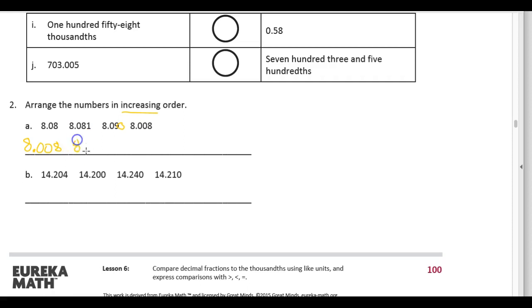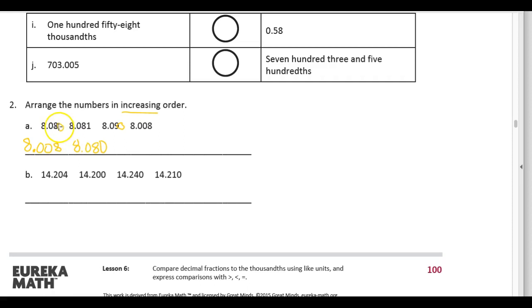So here we go, 8 and 81 thousandths, because there's an 8 in the hundredths place. This is a 9 in the hundredths place. Oh, wait a second. This is 8 and nothing in the thousandths place, which is smaller than this, isn't it? Let's cheat. Turn our 1 into a 0.